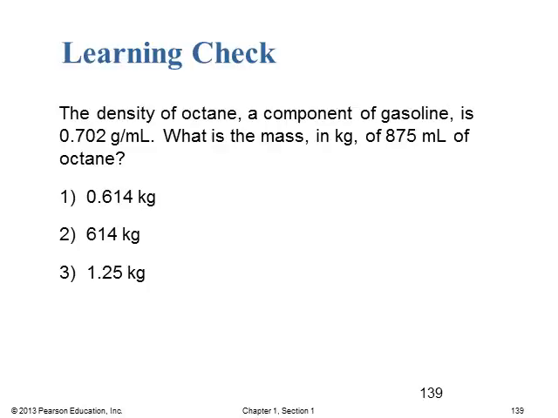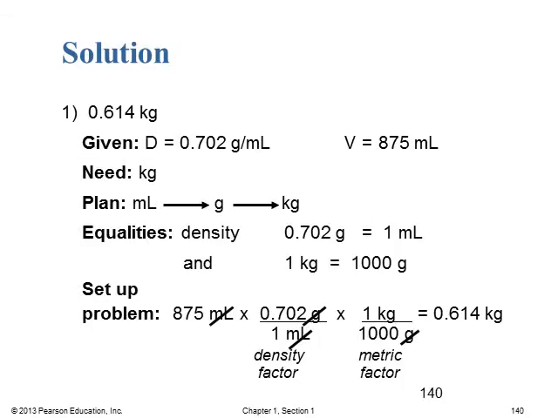We see that we're given the density and the volume, and we need to figure out the mass. We're given grams per milliliter, and we need to get to kilograms. So we need to go from milliliters to grams, and from grams to kilograms.